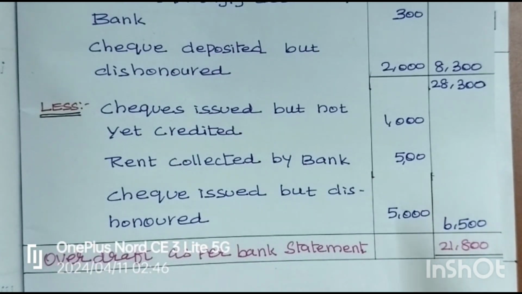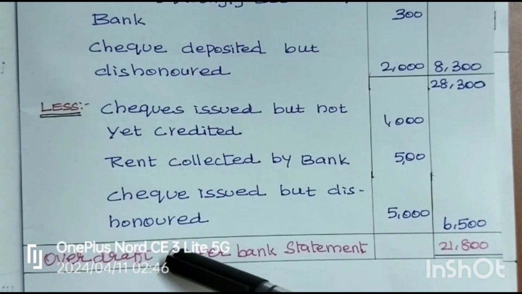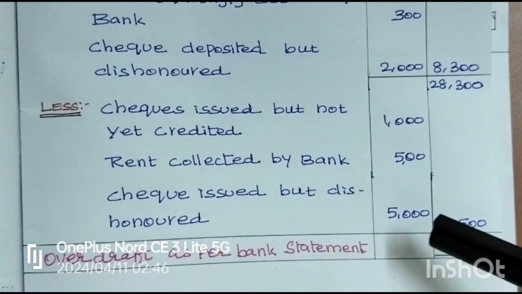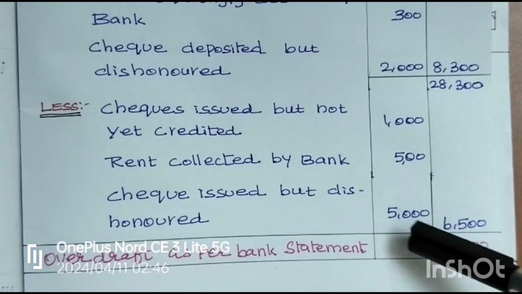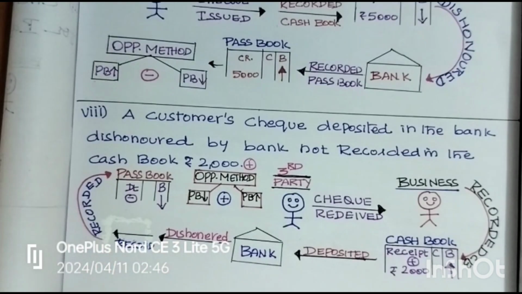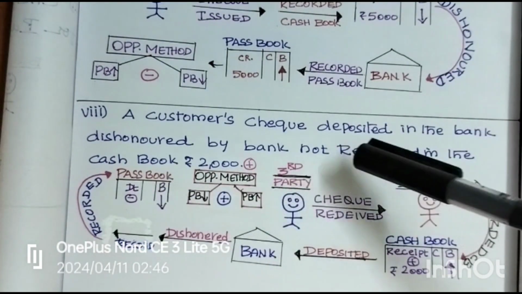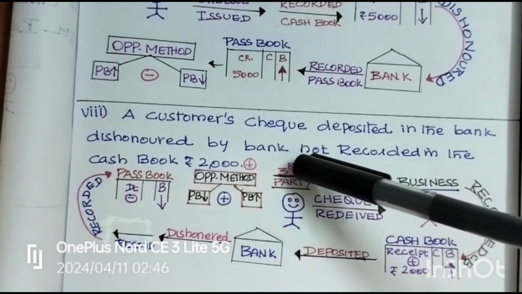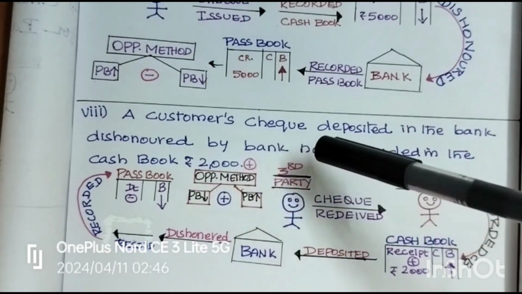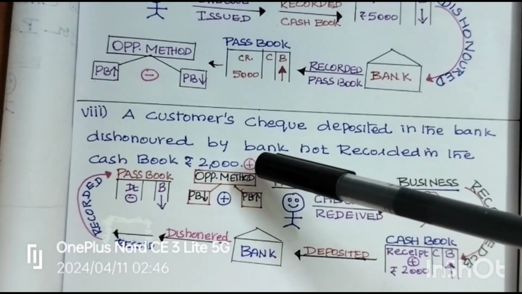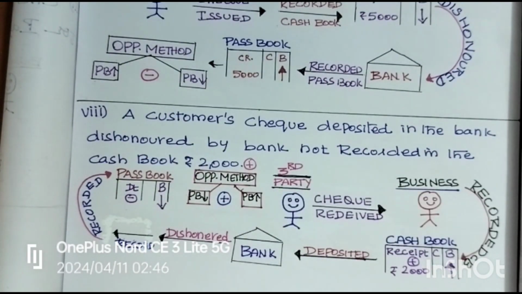In the less column you have to write checks issued but dishonored, and 5,000 rupees is to be entered in the inner amount column. We entered. The next transaction is a customer's check deposited into the bank, dishonored by the bank, not recorded in the cash book, 2,000 rupees.